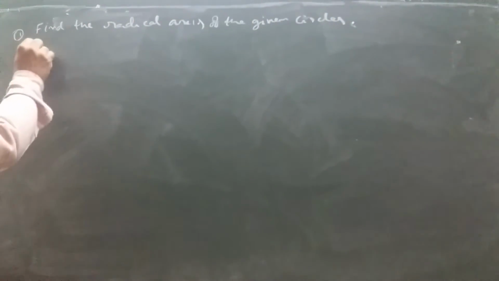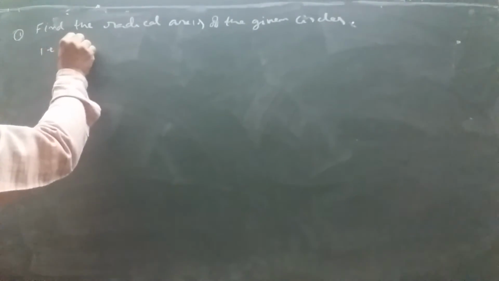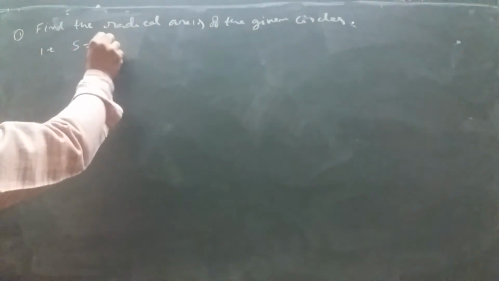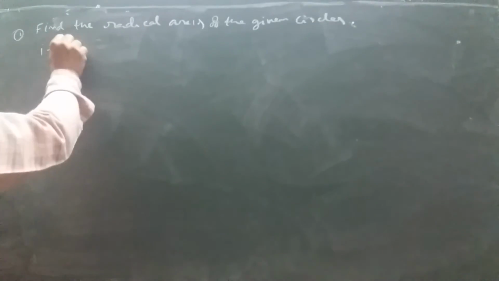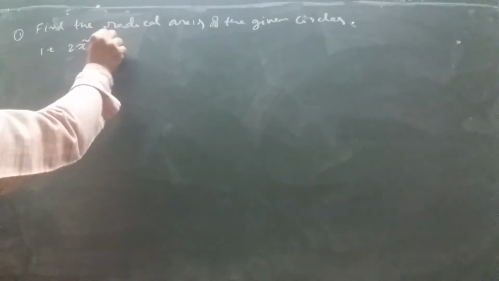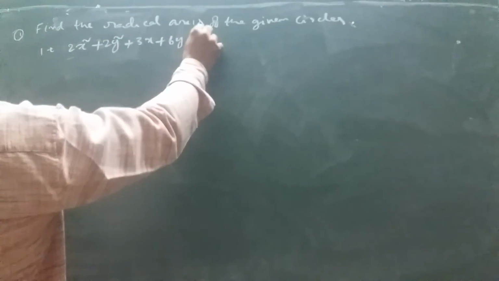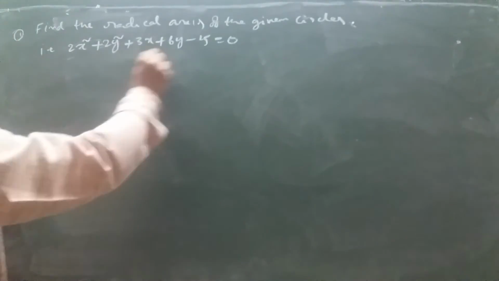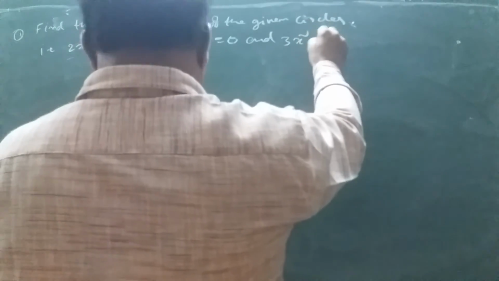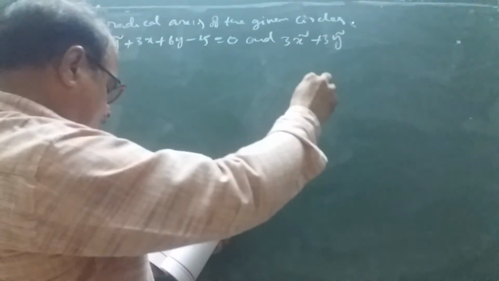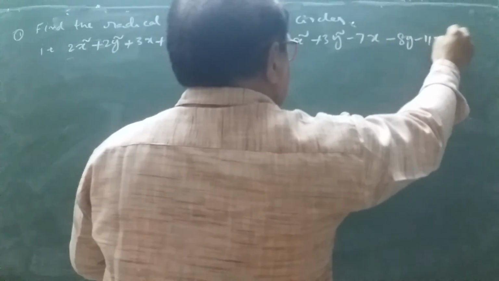The given circles are 2x square plus 2y square plus 3x plus 6y minus 5 is equal to 0, and the second one is 3x square plus 3y square minus 7x minus 8y minus 11 is equal to 0.